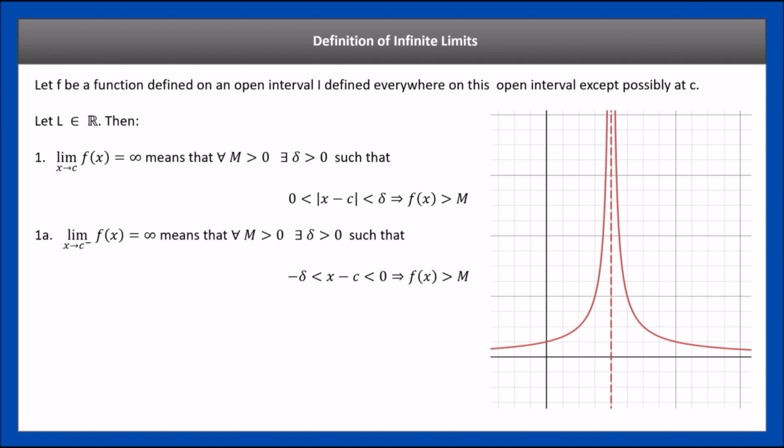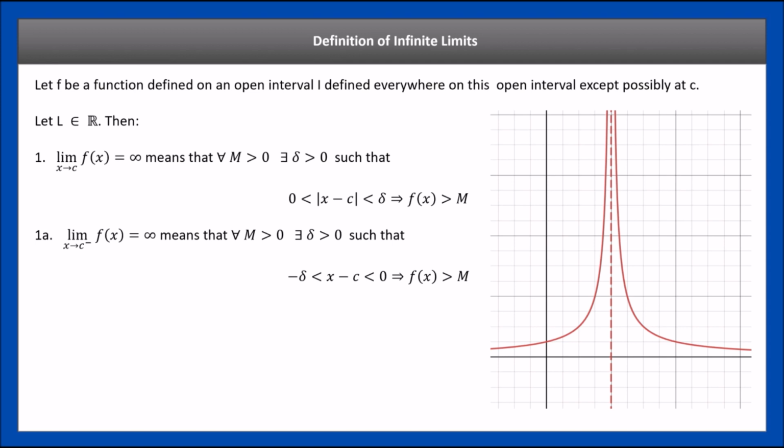Then the limit of f of x as x approaches c is equal to infinity means that for all positive m, there exists a positive delta such that if the distance between x and c is between 0 and delta, then that would imply that the value of f of x is greater than that value m.